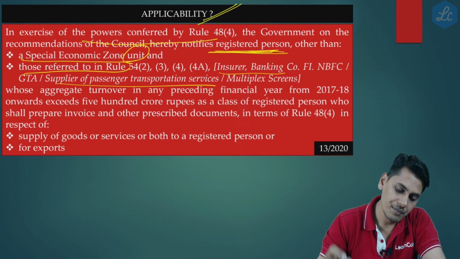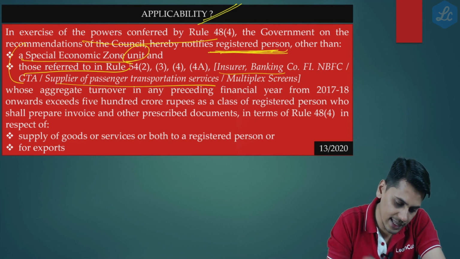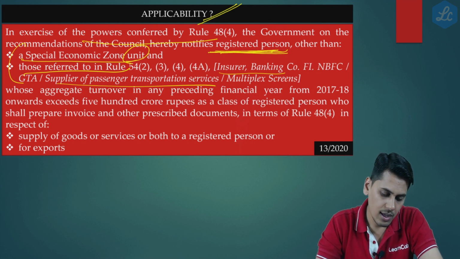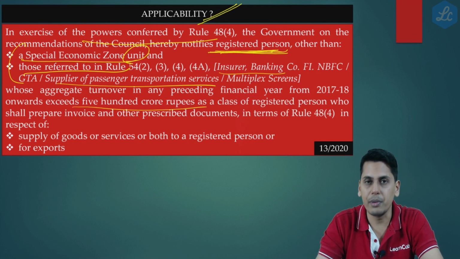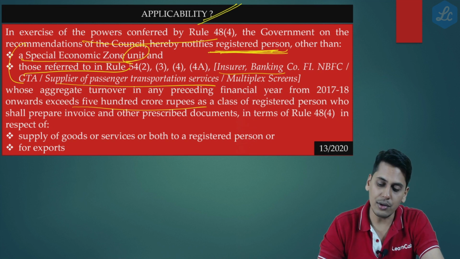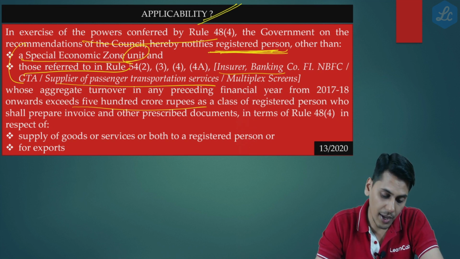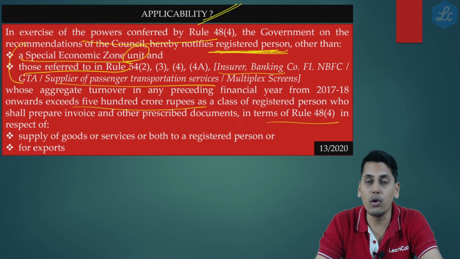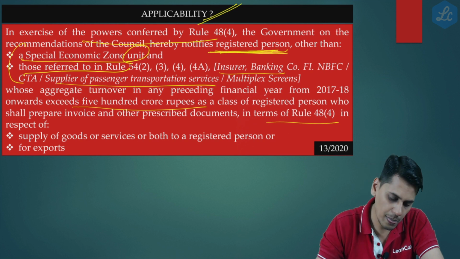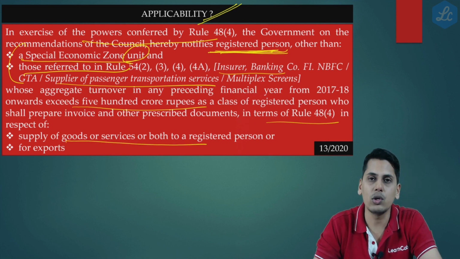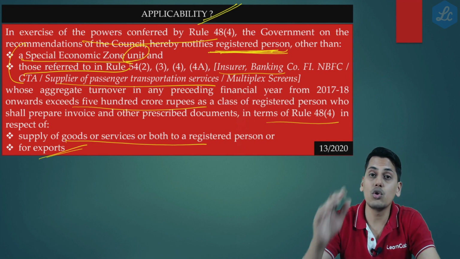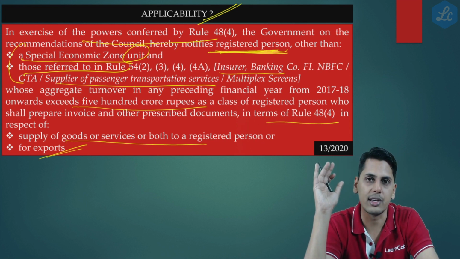So please read along, friends. Hereby notifies registered persons other than these persons whose aggregate turnover in any preceding financial year from 2017-18 onwards exceeds 500 crore rupees as a class of registered person who shall prepare an invoice and other prescribed documents in terms of 48 sub rule 4 in respect of supply of goods or services or both to a registered person or for exports.